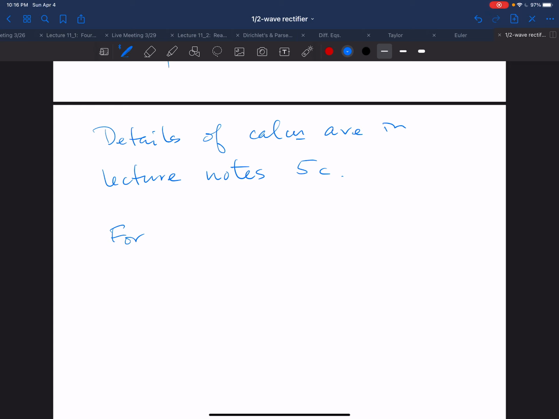What we find is that for n not equal to plus or minus 1, the Fourier series coefficient C sub n is going to be A over 2 pi times 1 plus minus 1 to the n over 1 minus n squared.